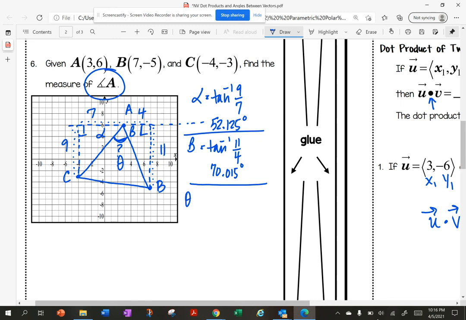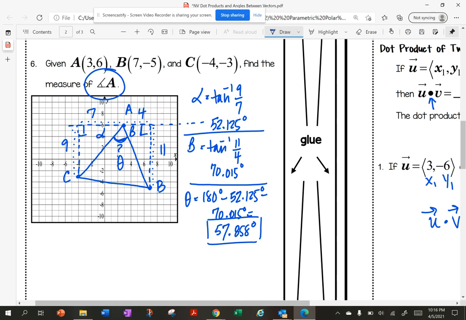So theta is 180 minus those two angles, minus 52.125 minus 70.015. So I get theta is 57.858 degrees. Okay, so this is assuming you have a graph available, but we're in a vector unit.